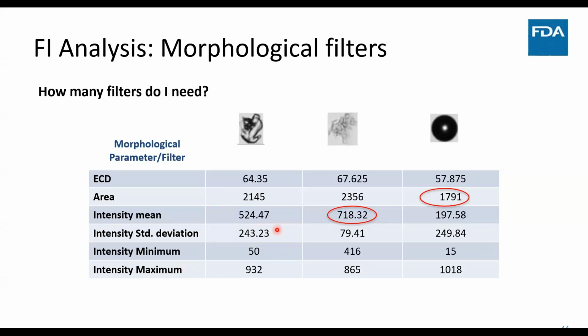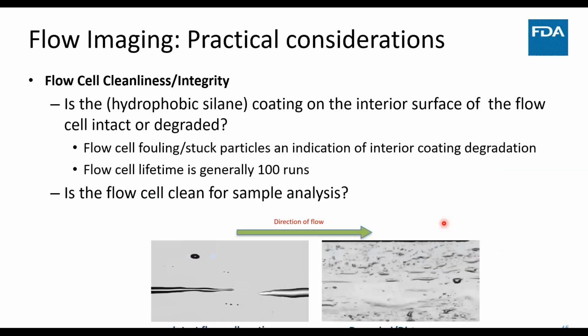You might need to look at a series of morphological parameters and pick a combination that allows you to very accurately distinguish between your particle types. If you look at our ECD for these three different particles, they are quite close to each other, so we cannot really use that to distinguish the types of particles. But as we include more morphological parameters, we have more chances of accurately quantifying the individual components of our particulate system in our product.